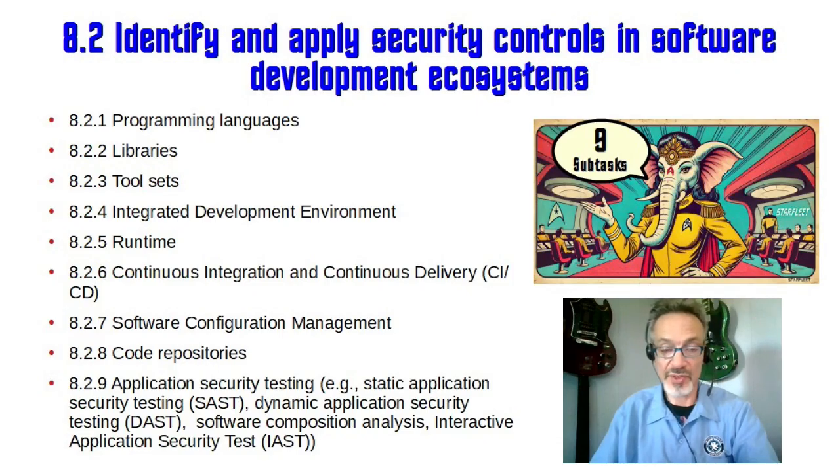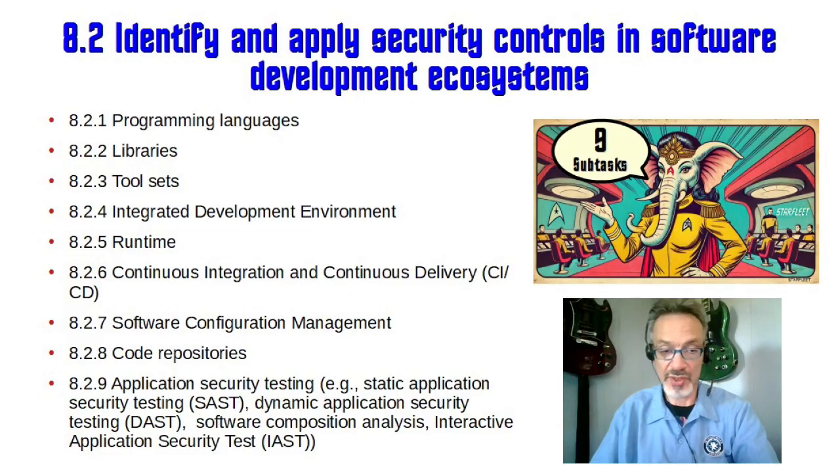7. Software configuration management. We'll talk about version control, baseline management, and how to ensure transparency and accountability through proper change tracking and auditing. 8. Code repositories. This section emphasizes the importance of secure code repositories, access control, branching strategies, and ensuring backups. And 9.